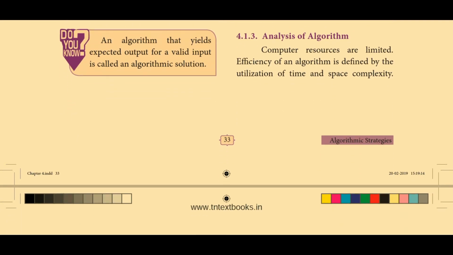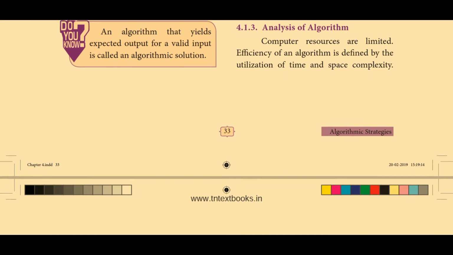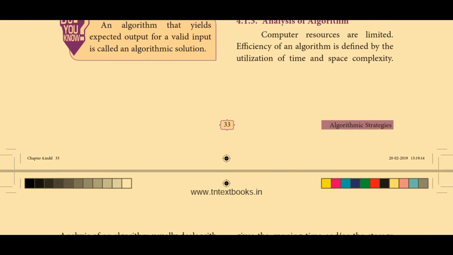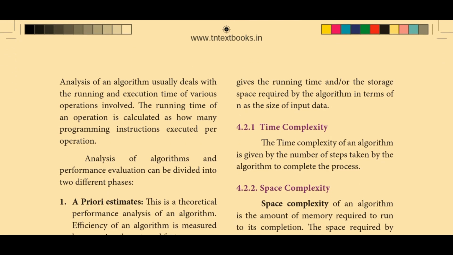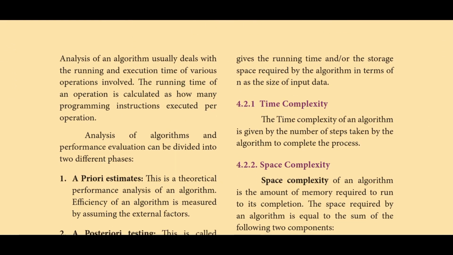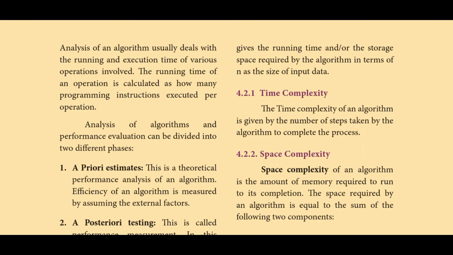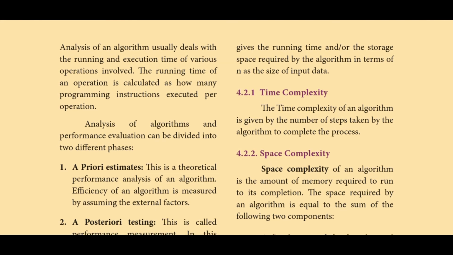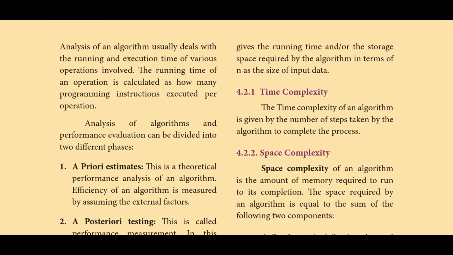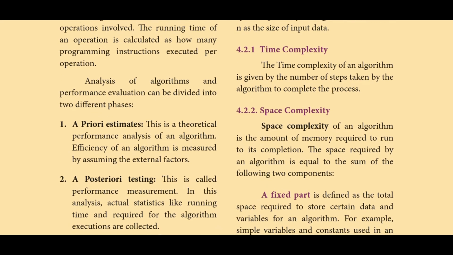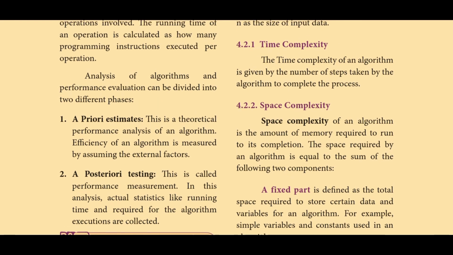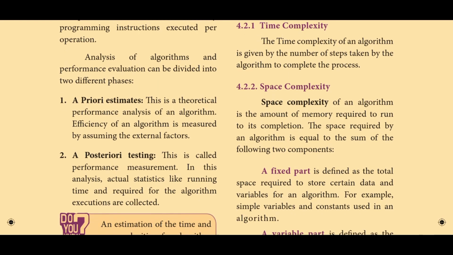Analysis of an algorithm. The efficiency of an algorithm is defined by the utilization of time and space complexity. The analysis deals with the running and execution time of various operations and also the allocation of memory. The running time of an operation is calculated as how many instructions are executed per operation.